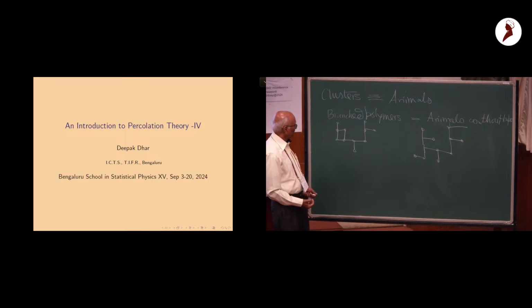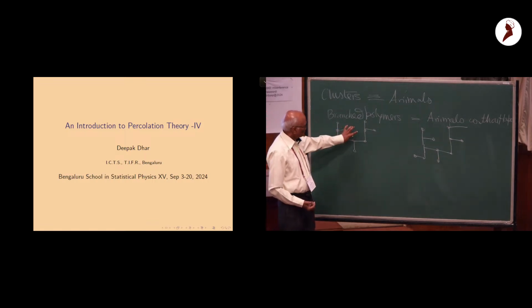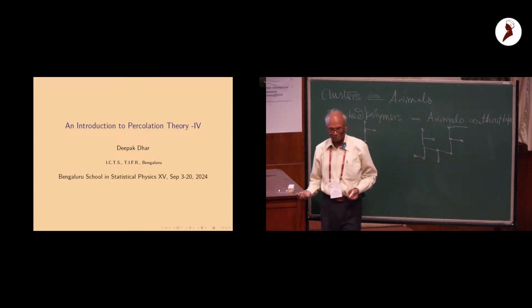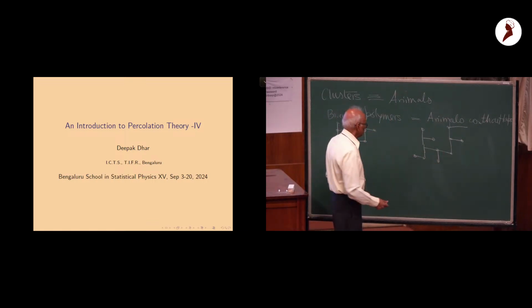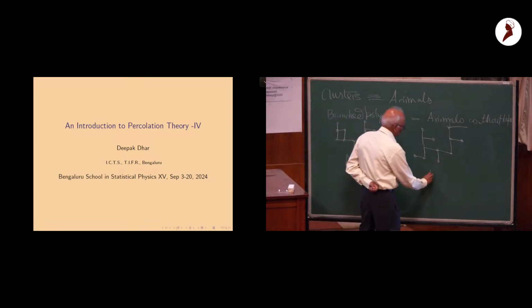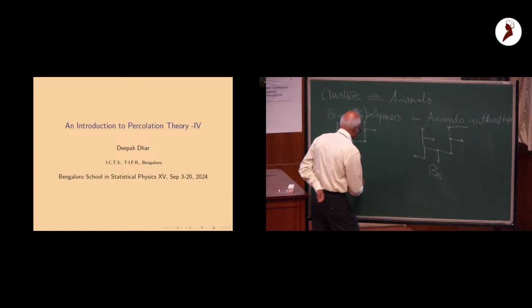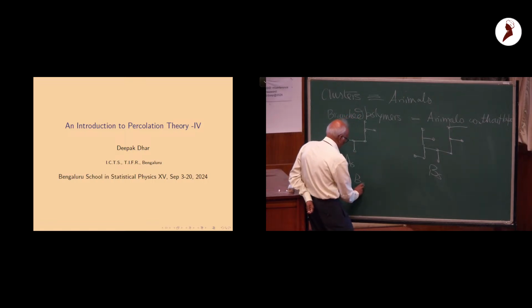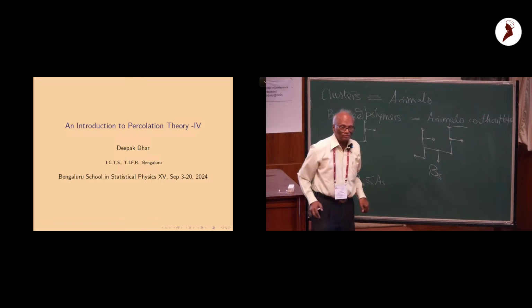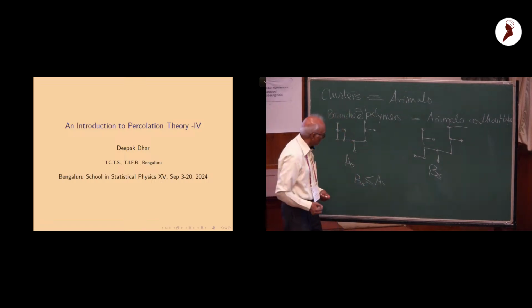And the number of animals like this and number of branched polymers like this, of course, are different. This one is less than this. So let us call these AS, and these are called BS. Then BS is less than or equal to AS for similar lattice, embedded on the same lattice.